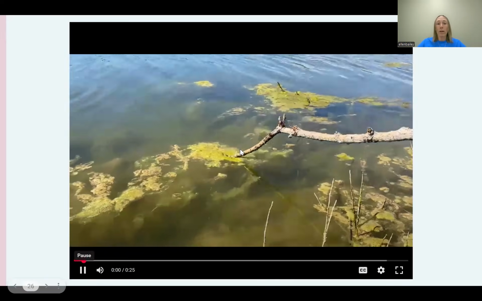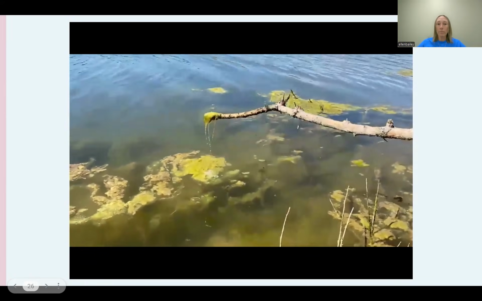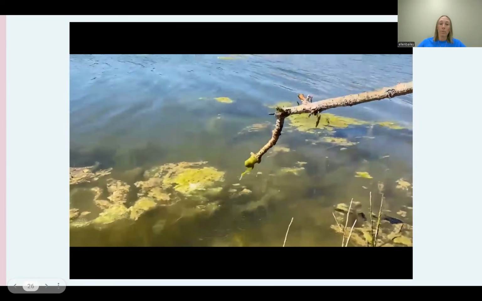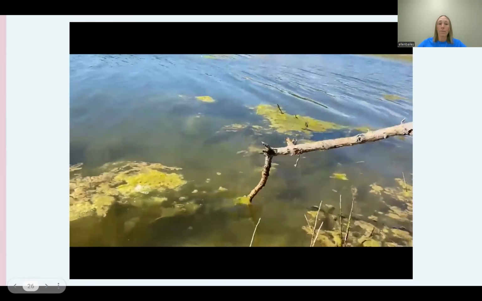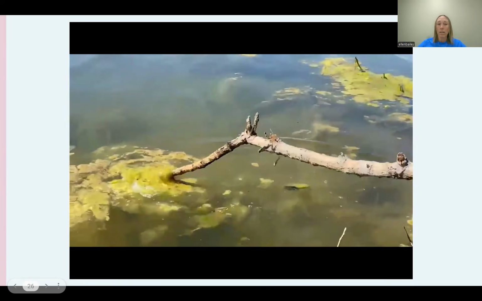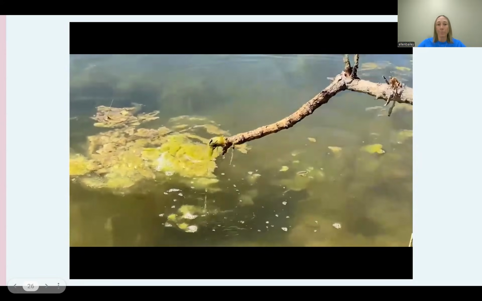So if you go and grab a stick, you can try and poke at it, not using your fingers or hands, with the stick. And if it hangs down really fibrous, then it's filamentous green algae and it's not concerning.